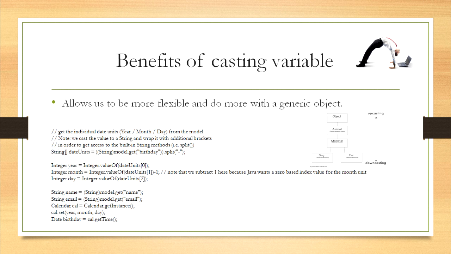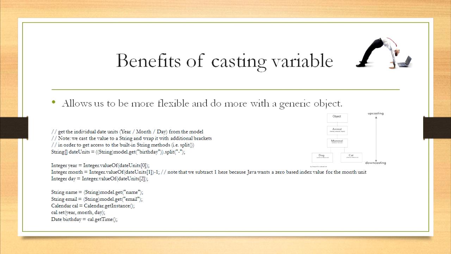What benefits come from casting? Casting allows us to be more flexible and do more with a generic object. Look at the example code. All of the objects stored in the map are of type object and are very generic, which is why we want to downcast it. We know name and emails are strings and birthday is a date, so we can downcast these safely.